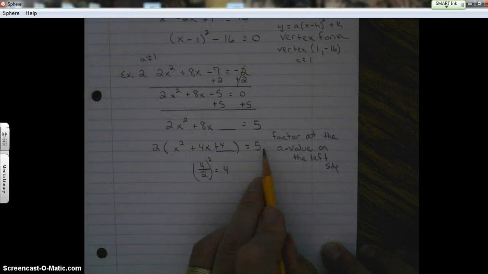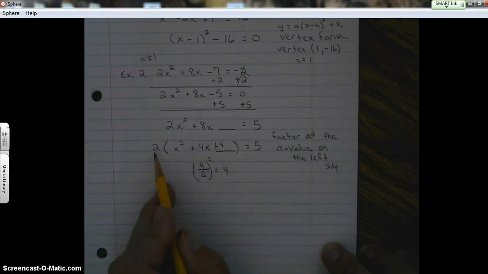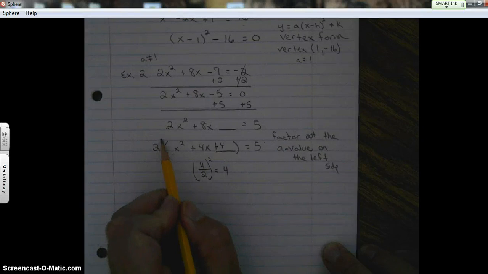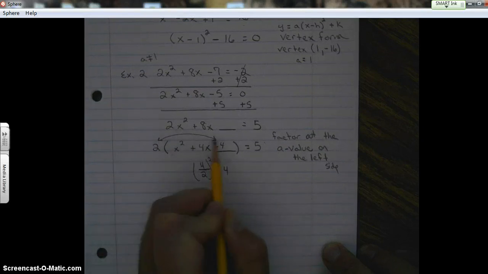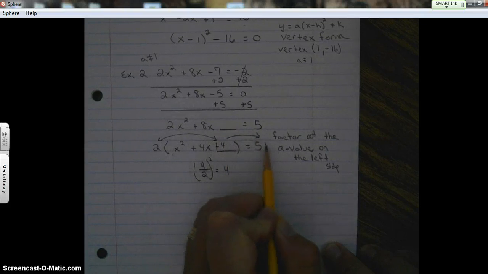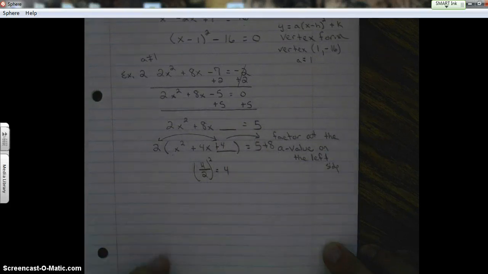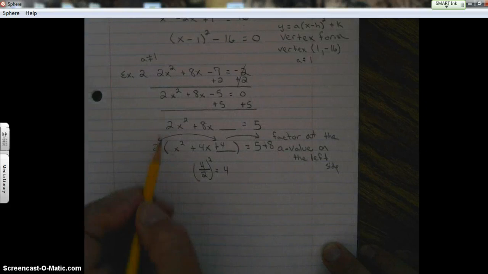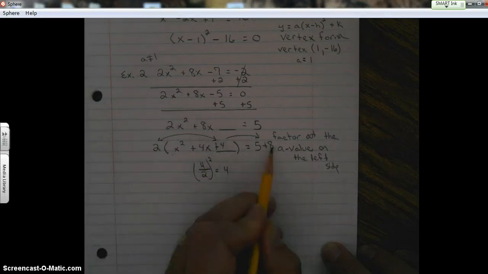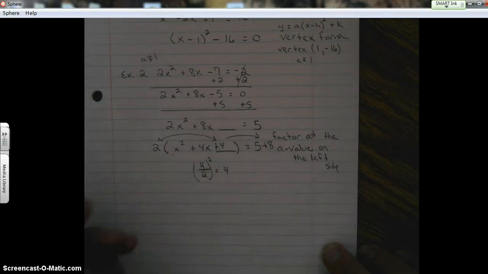This is a tricky part, so pay attention. Since we factored a 2 out, we got to multiply these two together. 2 times 4, so we're going to add 8 on the right side. When you factor out something other than a 1, you have to multiply it back in to find out what you're going to add over here on the right side.